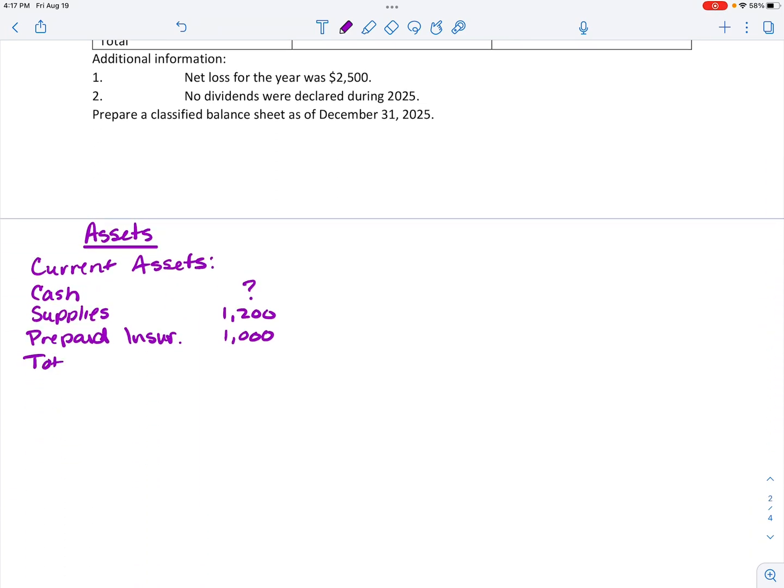So here we're going to list out our total current assets. And if I add those up, I don't quite know what that is yet, so I'm going to leave that blank. The next section we're going to look at is property, plant, and equipment.